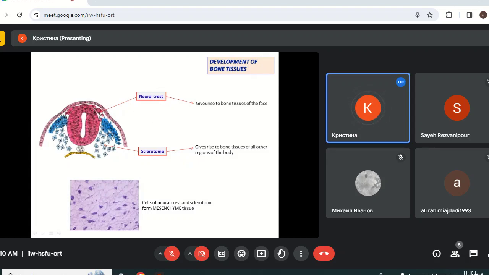Neural crest gives rise to bone tissues of the face region of embryo, such as bone of jaws, upper and lower jaw, and all other bones of skeleton develop from sclerotome. And here you can see how mesenchyme looks like, which consists of migrating cells of both neural crest and sclerotome. These cells migrate to find their final position to start to develop into skeletal bone tissue.